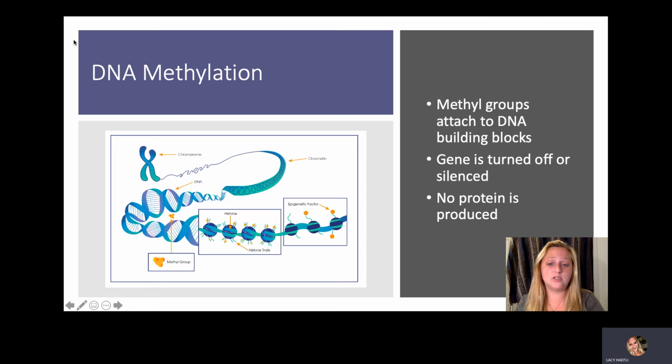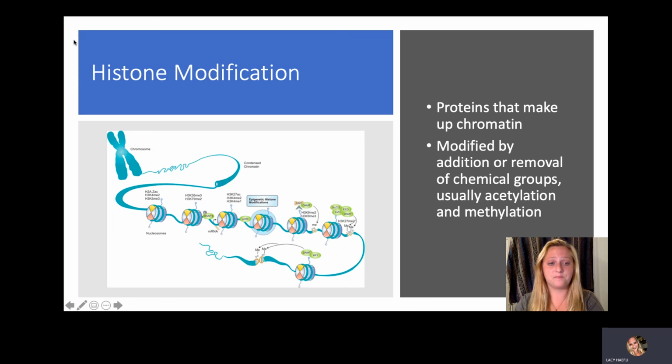This has been linked to certain cancers, lupus, muscular dystrophy, and a variety of birth defects. It shouldn't be surprising though, because, like I said previously, DNA methylation plays a role in embryonic development, so it's not surprising that it has been linked to certain birth defects.